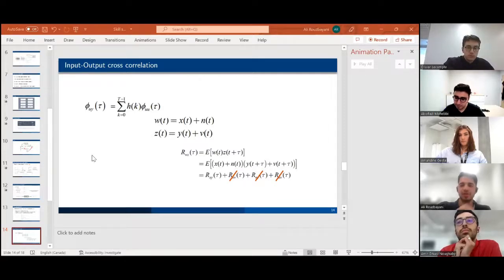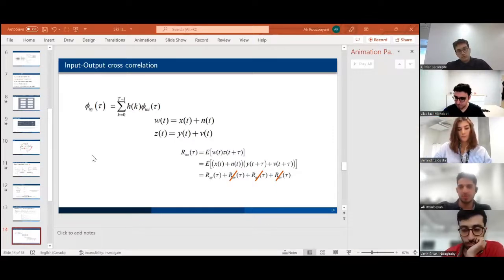Exactly. Yes, that's a different kind of identification, which is called frequency response functions, which is actually the frequency domain version of the same idea.